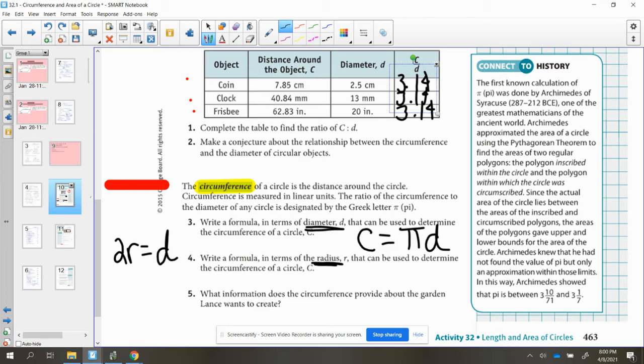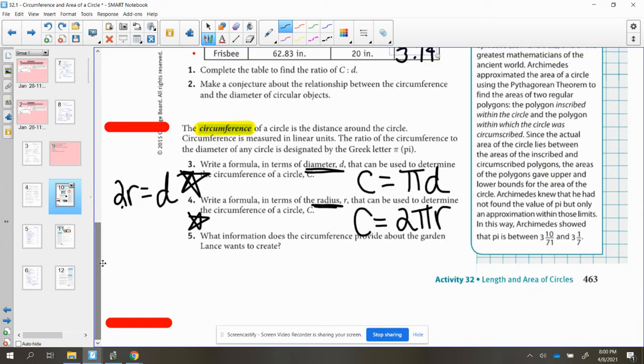So we can make that substitution to say that 2 pi r, or 2 times r times pi, is another way we look at this formula. So there are essentially two formulas, depending on what you're given, either using the radius or the diameter, okay? And again, the circumference is like the perimeter of a circle, but it gets its own special name.